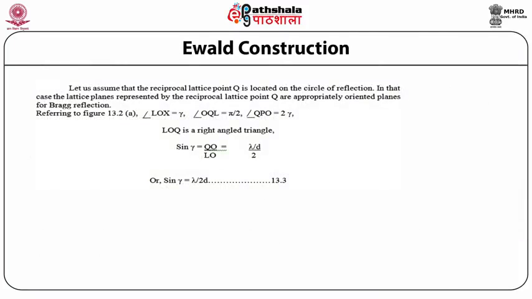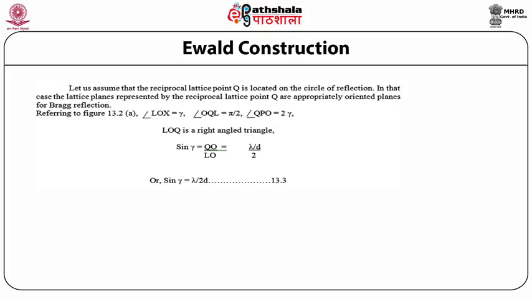Let us assume that the reciprocal lattice point Q is located on the circle of reflection. In that case, the lattice planes represented by the reciprocal lattice point Q are appropriately oriented planes for Bragg reflection. Referring to figure 13.2a, angle LOX is equal to gamma, angle OQL is equal to pi by 2, angle QPO is equal to 2 gamma.